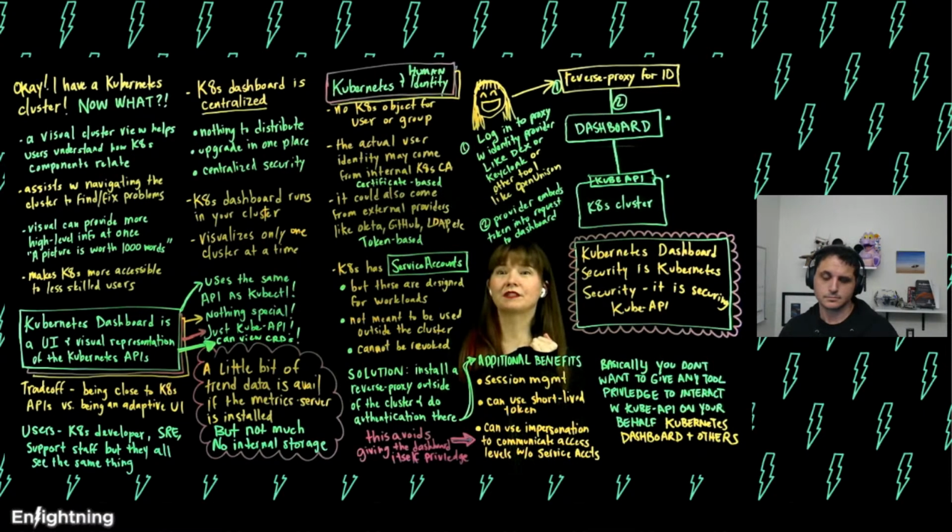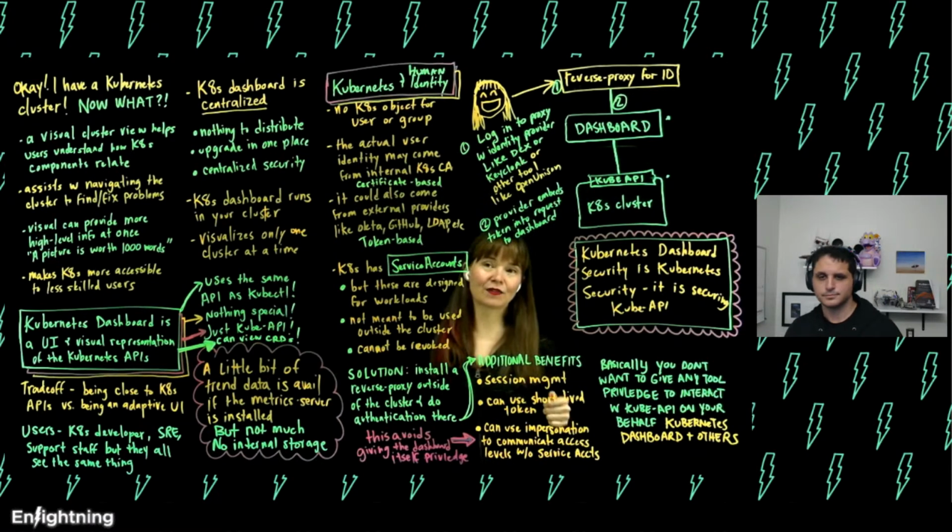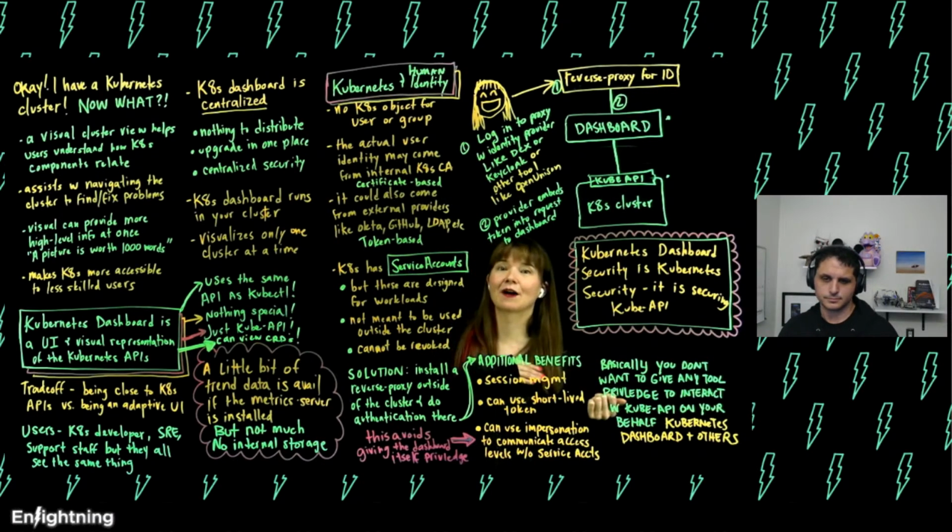So to talk about that problem more, we talked about just the problem of human identity in Kubernetes generally. There's not a Kubernetes object for a human user. We have a service account that's designed for workloads, to give identity to workloads, but that's not designed to give identity to humans. So human identity is understood by Kubernetes right now in a couple of ways.